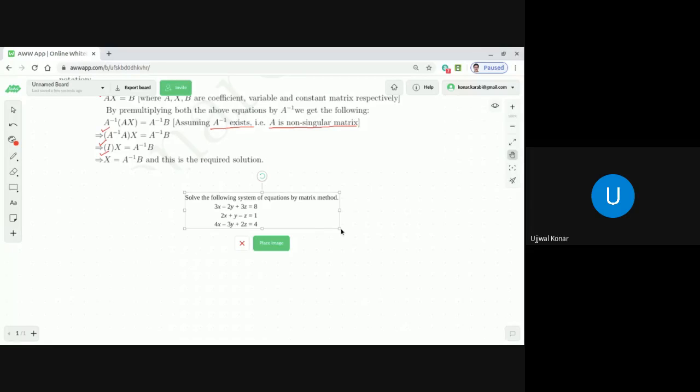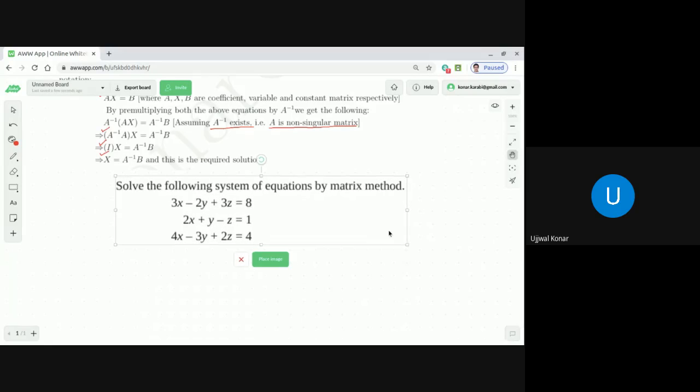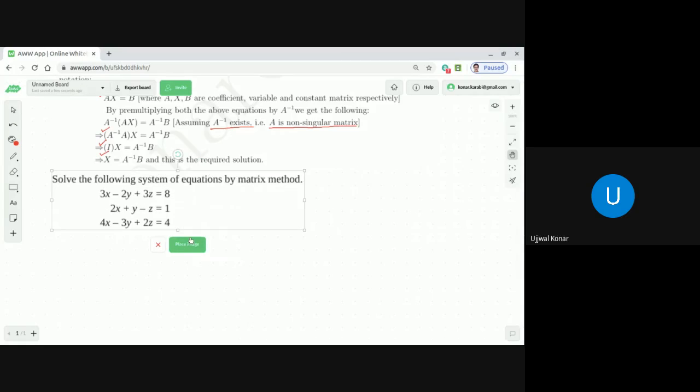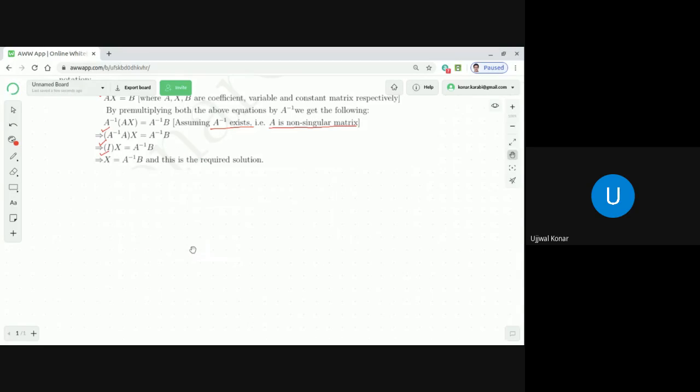At any point of time, as I said, any issue, anything you didn't understand, never hesitate. Ask me, I will clarify your doubts. So we are going to find the solution to this system of equations by the matrix method. How we are going to solve that, we'll see.